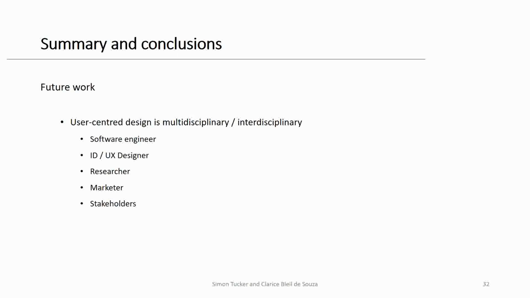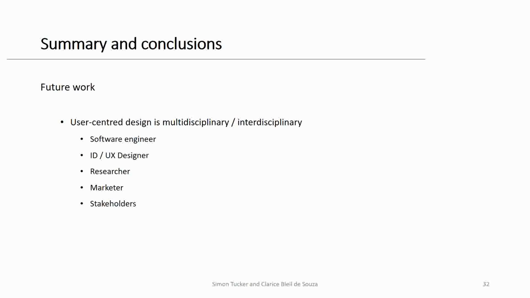So future work, some pointers which come out of the special issue. User-centered design is multidisciplinary, or interdisciplinary, not only in the stakeholders, who might be the building designers, the architects, the engineers, the building owners, the finances and so on, but actually when one is developing the BPS system, that's multidisciplinary as well.